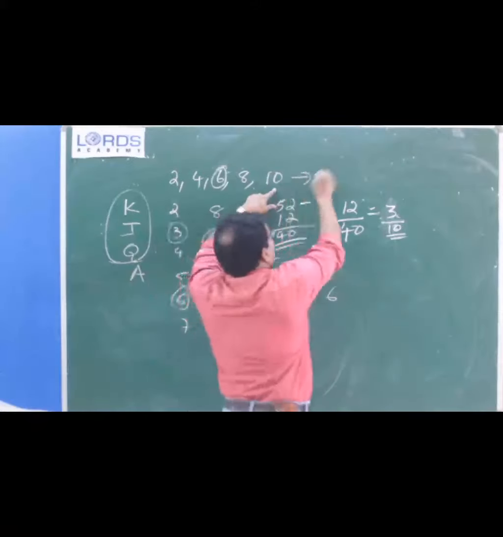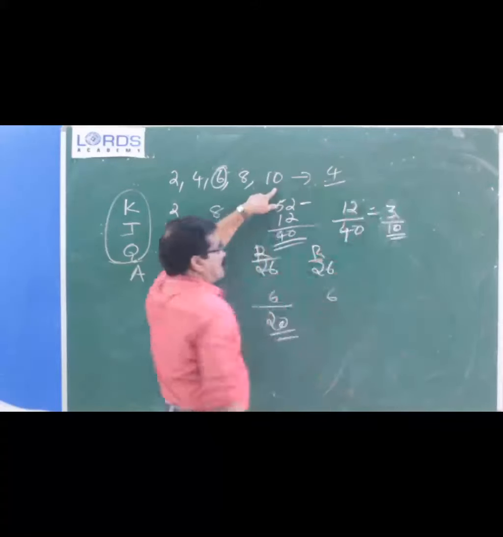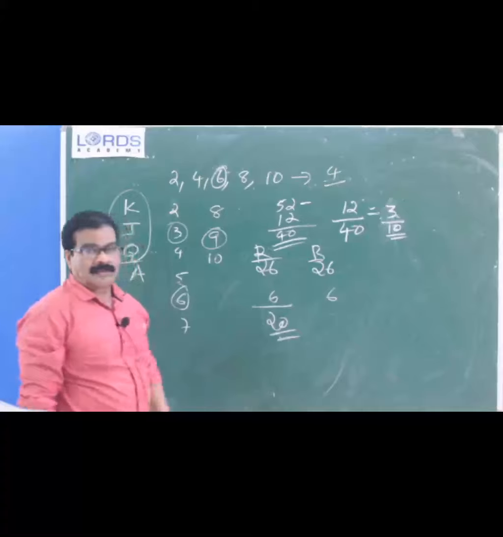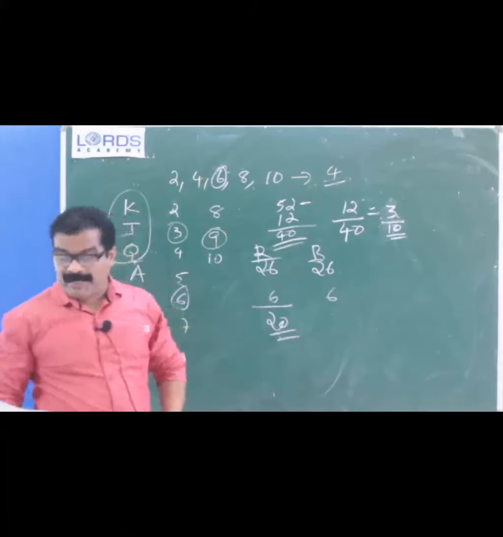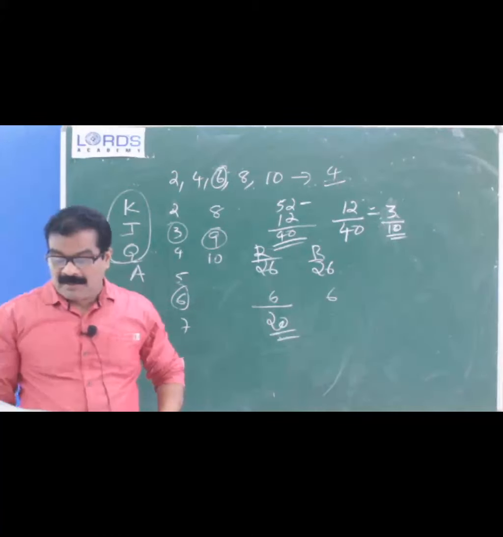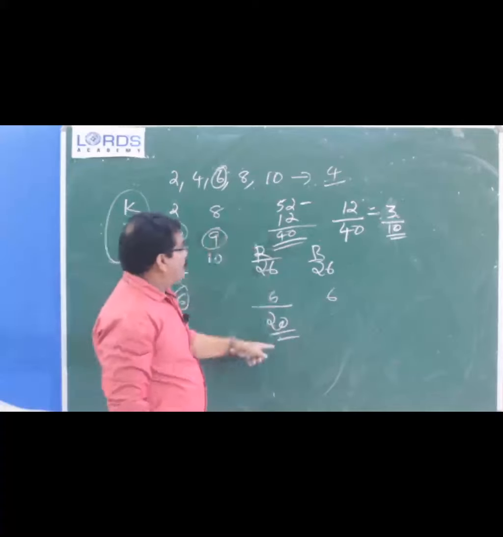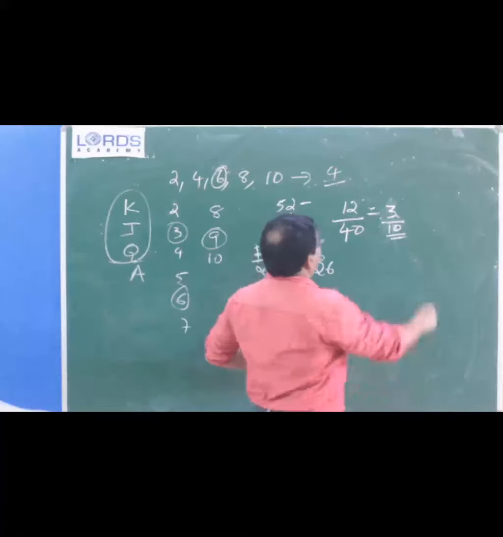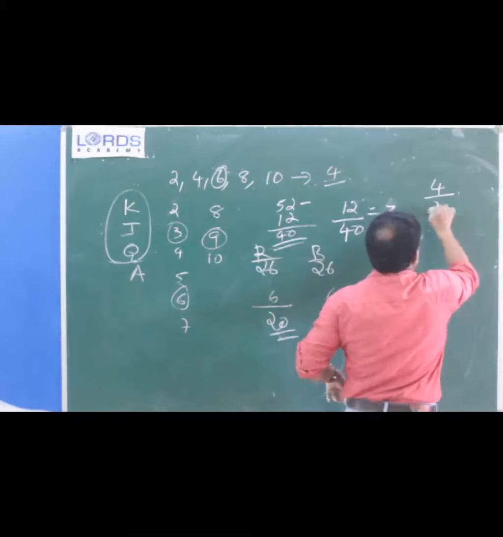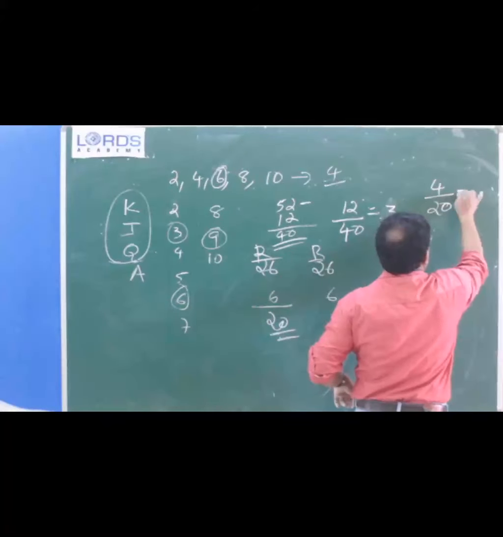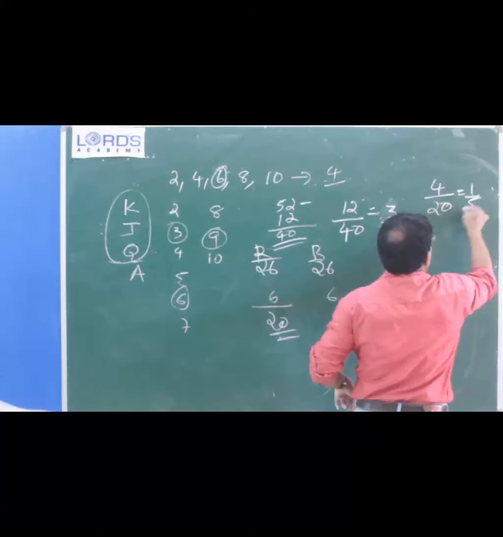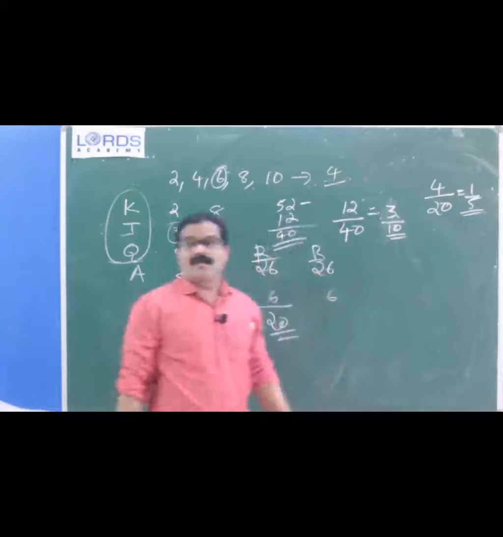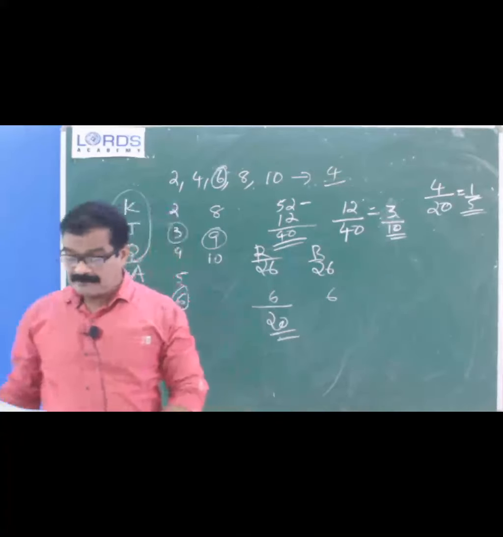This is 4. Therefore, the probability of getting an even numbered red card is 4 by 20, that is equal to 1 by 5.